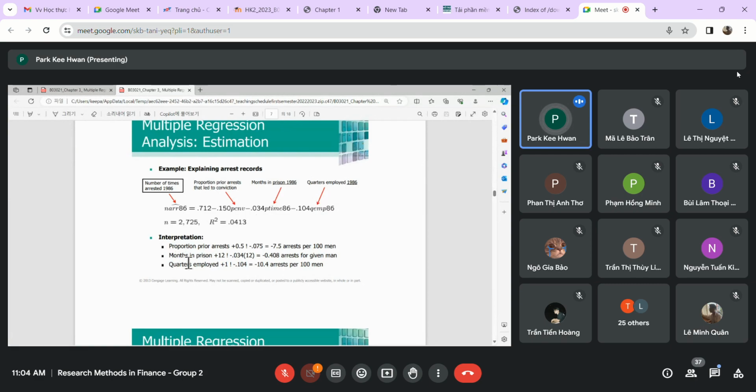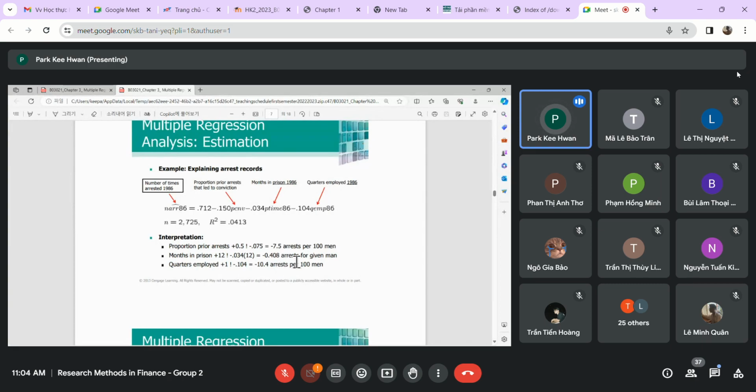Okay, so suppose that the months in prison increased by 12 months. Then how will they affect the number of times arrested? So you multiply the coefficient, which is minus 0.034, times 12 months. So you have minus 0.408.